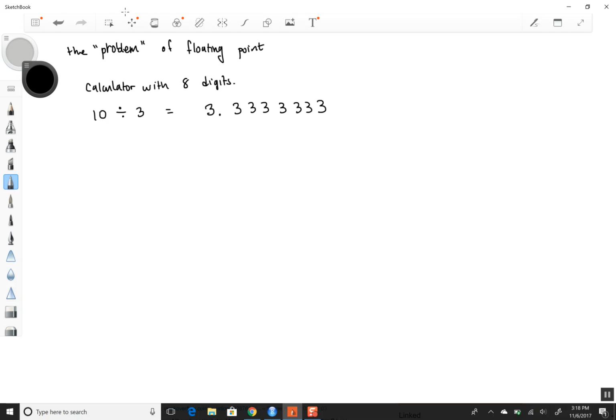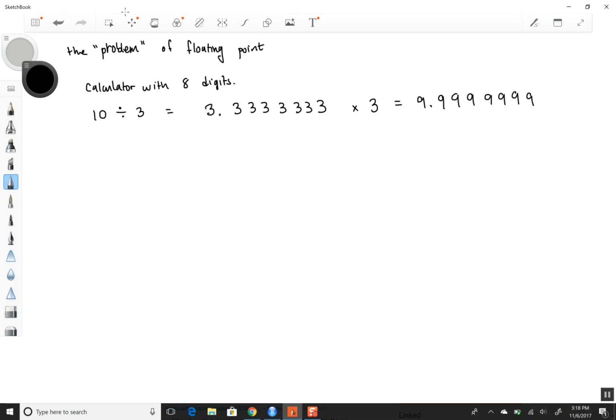All right, what if we take this and then multiply that by 3? What am I going to get? Depending on your calculator, it might be smart enough to know this, but the problem we would encounter is that this would be 9.9999999. It's no longer 10.